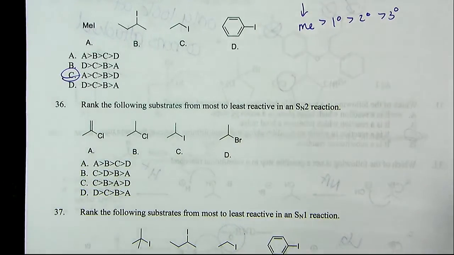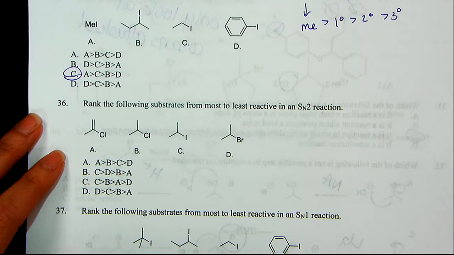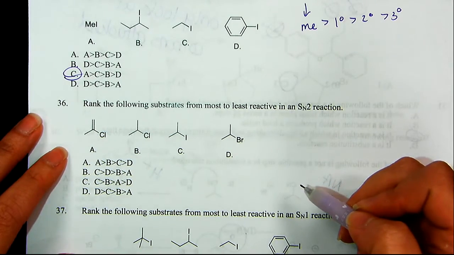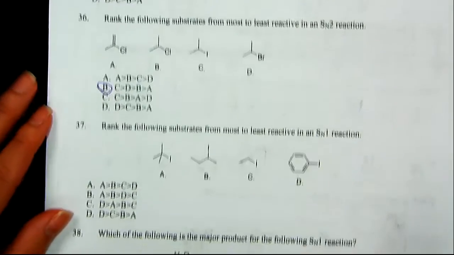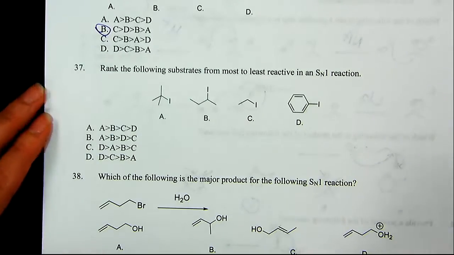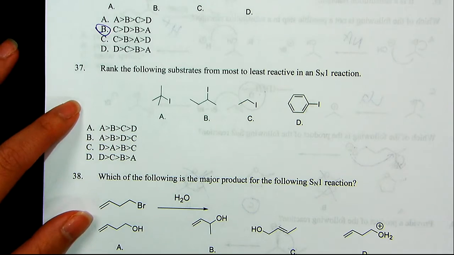36. I'm going a little quick because we're running out of time, and I want to leave time for questions, but I might have to run through the next ones quickly. Rank the following substrates from most to least reactive in an SN2 reaction. Again, you already know the order of substrates for that, so in this case it should be B. 37, ranking again, this time for SN1.